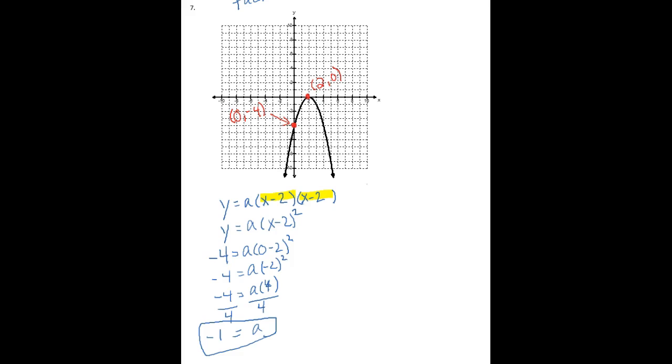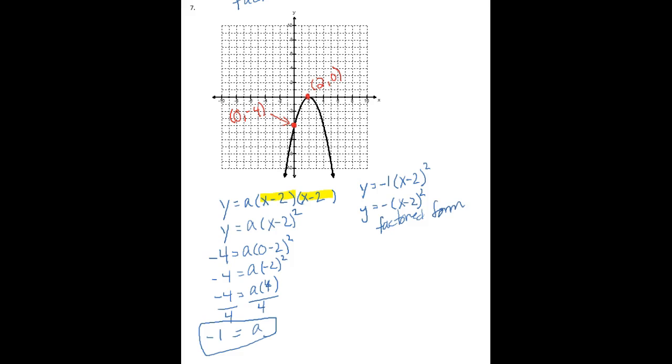So in our factored form of the equation, we can say negative 1 times (x minus 2) squared, or you could see that written as just negative (x minus 2) squared. So this is factored form.